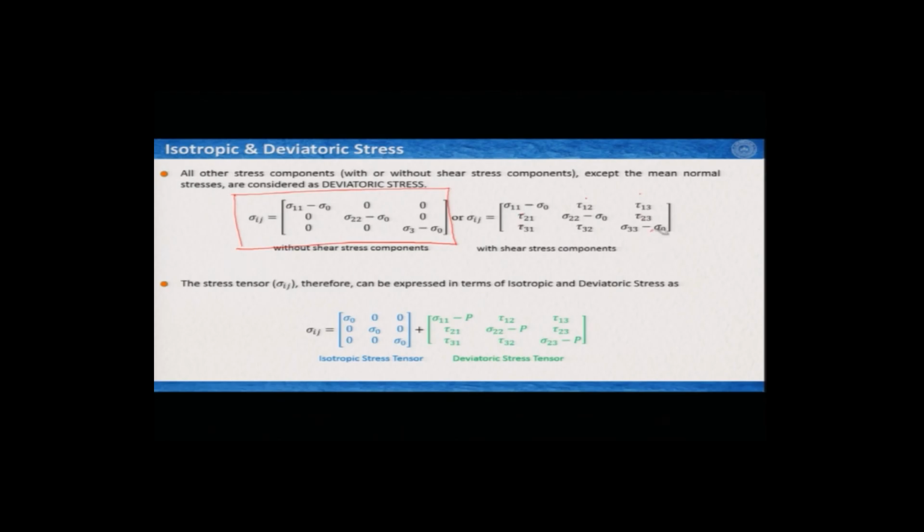So, your on diagonal components and off diagonal components are working here, and these are deviatoric stresses where you have taken the mean stress sigma 0, which was sigma 1 1 plus sigma 2 2 plus sigma 3 3 divided by 3. So, this is your deviatoric stress component.